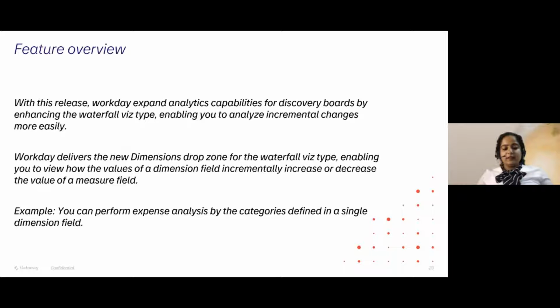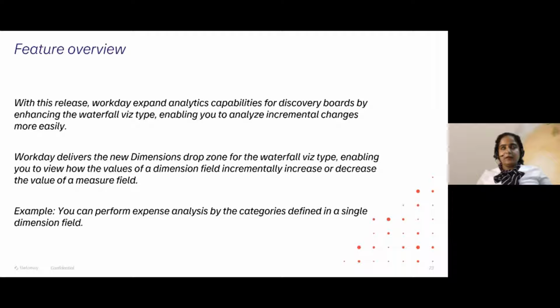The example is that you can perform expense analysis by categories defined in a single dimension field. Like how we have bar charts and other ways of viewing dashboards, waterfall viz is a type that they have newly introduced. They have two features: we can give values in terms of measures, and we can have another one called dimensions.